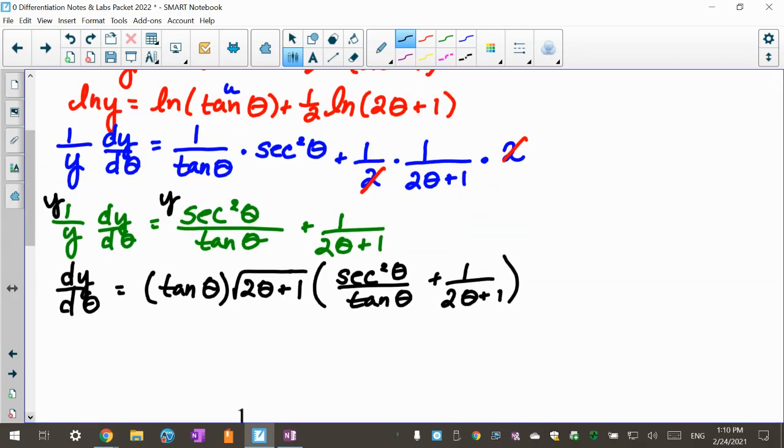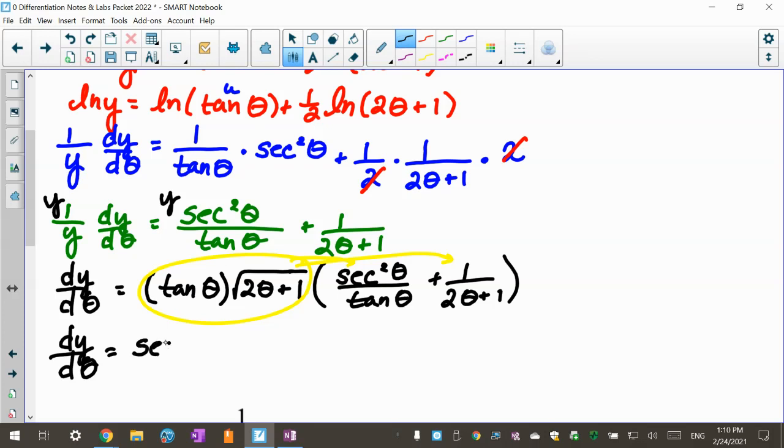But the only cool thing that you can see now is you can actually take this and distribute this through. And if you do that, do you see how the tan thetas will basically cancel out on this first term? So I end up with dy d theta. So I'm actually going to distribute this whole term right here, here, and here. So when I do that, the tan thetas will cancel out.